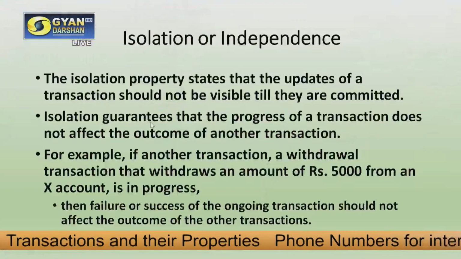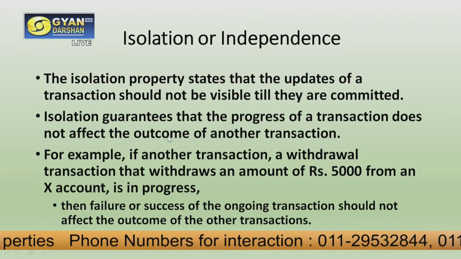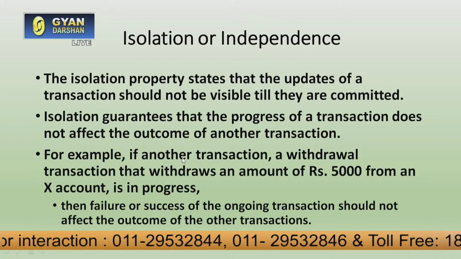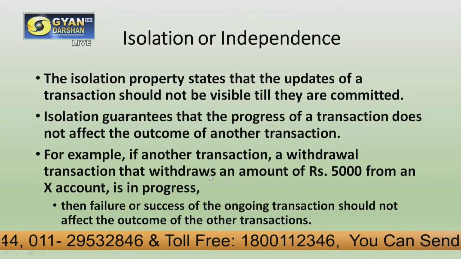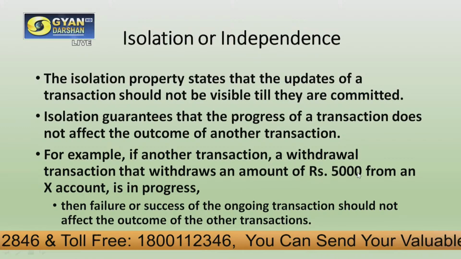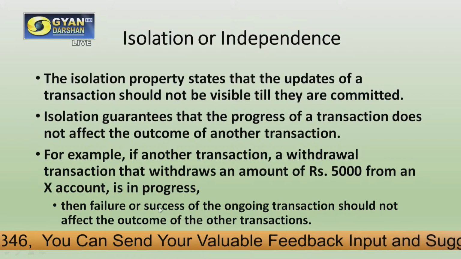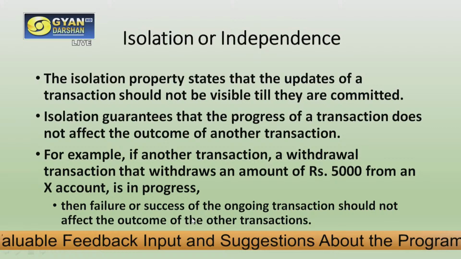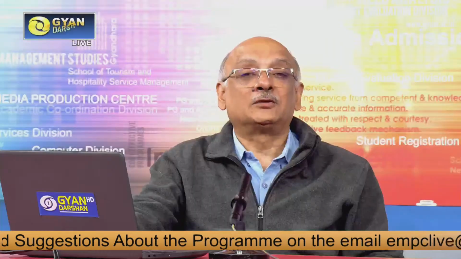Isolation guarantees that the progress of a transaction does not affect the outcome of another transaction. For example, if a withdrawal transaction that withdraws an amount of rupees 5,000 from an account X is in progress, then the failure or success of ongoing transactions should not affect the outcome of other transactions. So this is a very important phenomenon.